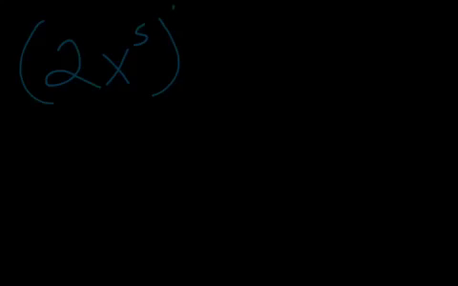Let's try one last one. Let's try 2x to the 5th raised to the 4th power. Take a moment and decide what that would be. If you said it would be equal to 2 to the 4th x to the 20th, you are correct.